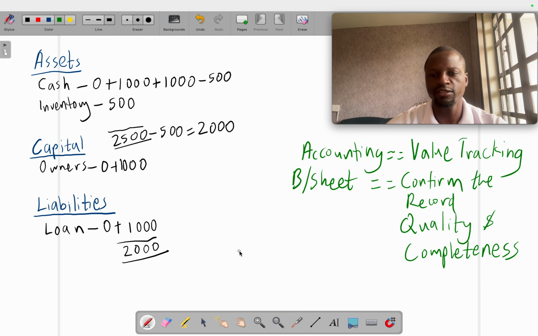So that would be my parting shot. If accounting is value tracking, then the balance sheet confirms the record quality and completeness.